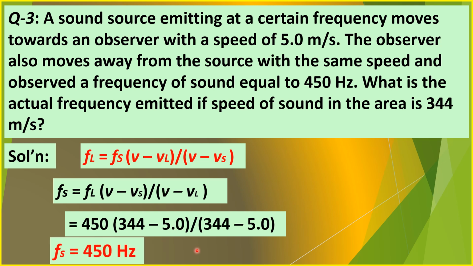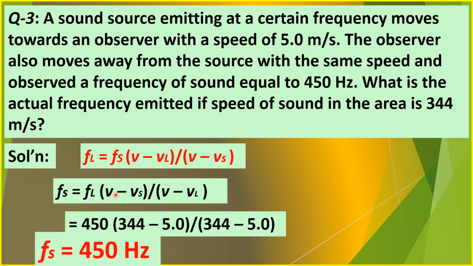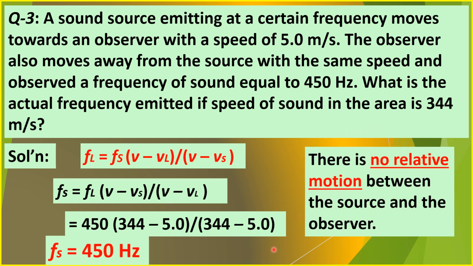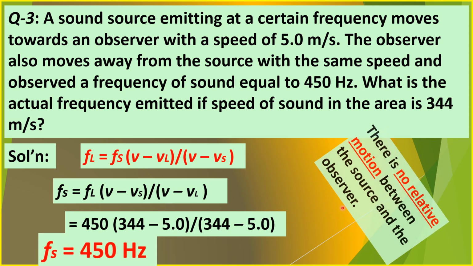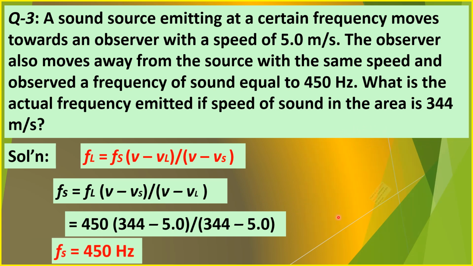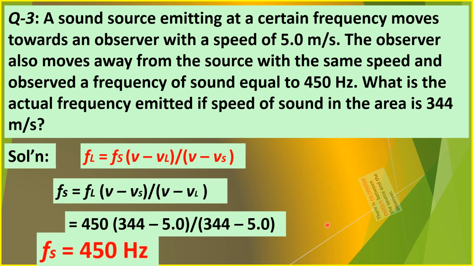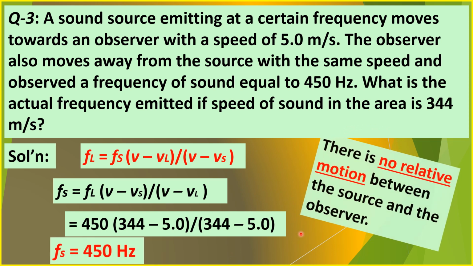So you will notice that the observed frequency FL as well as the frequency of the source of the sound are the same, 450 hertz. Why is this? It is because the source of the sound and the listener happen to be moving at zero relative velocity relative to each other.